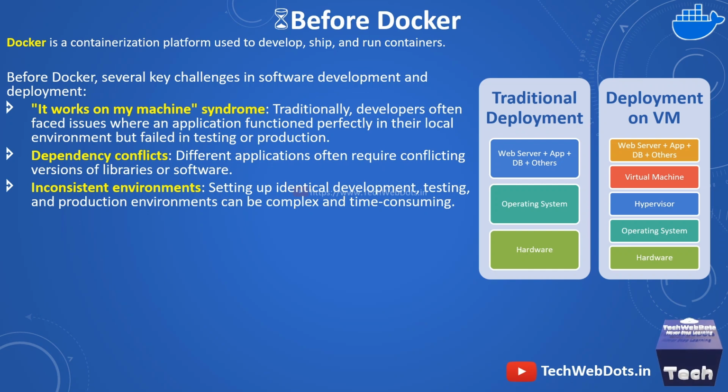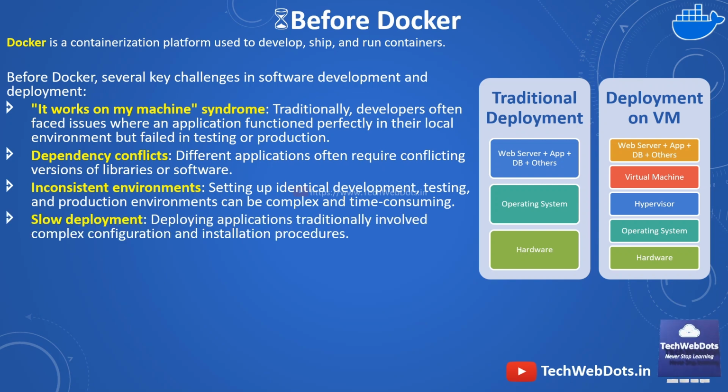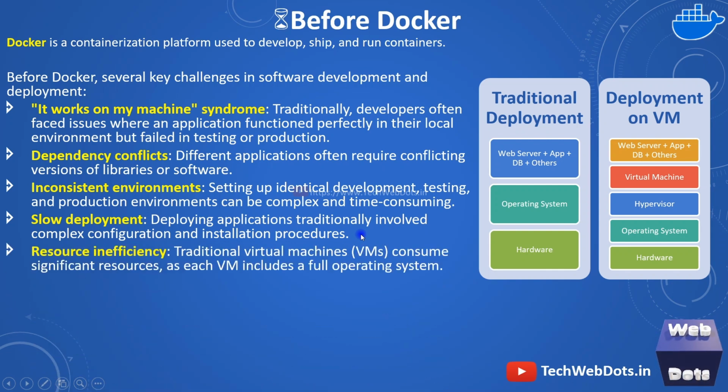Third, inconsistent environment. Setting up identical development, testing, or production environments can be complex and time consuming because we have to map each and every small thing, the required memory, the required versions. We have to manage everything. Fourth, slow deployment. Deploying applications traditionally involved complex configuration and installation procedures, which were time consuming and cumbersome. Fifth, resource inefficiency.